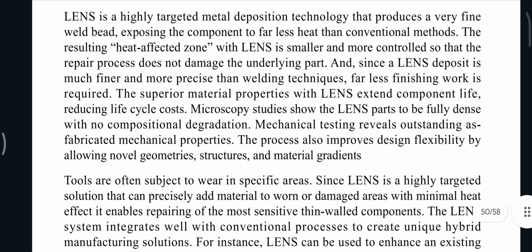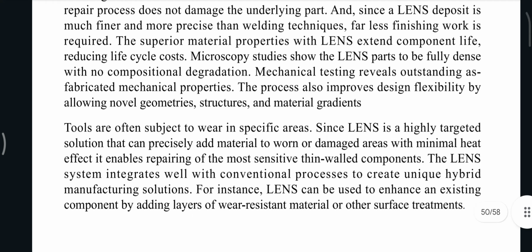LENS is a highly targeted metal deposition technology that produces a very fine weld bead. Tools are often subjected to wear in specific areas. Since LENS is a highly targeted solution that can precisely add material to worn or damaged areas with minimal heat effect, it enables repairing of the most sensitive thin-walled components.